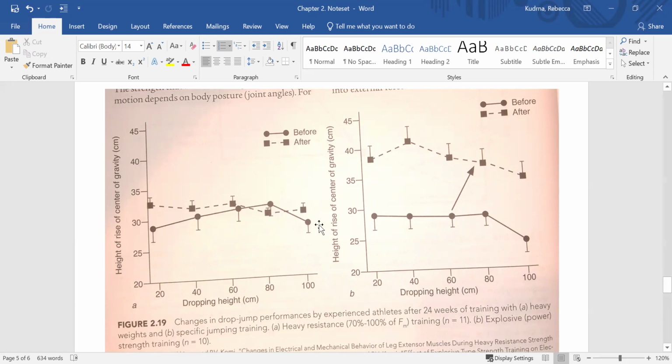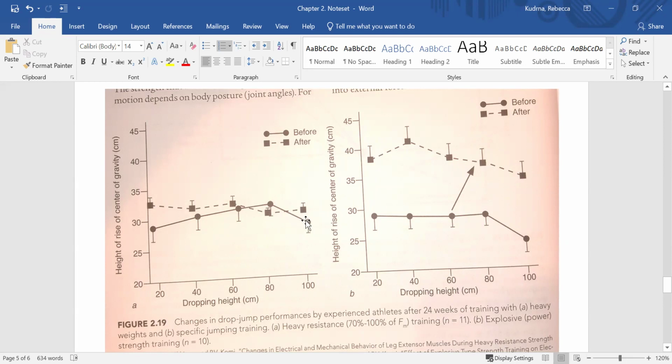Great. But if you drop from a height that is too high, and this happens a lot when overzealous coaches give athletes activities to do that are too difficult, if you drop from too high of a height and rebound, and you're not strong enough to do this, so essentially what happened here is these athletes were not strong enough to rebound.